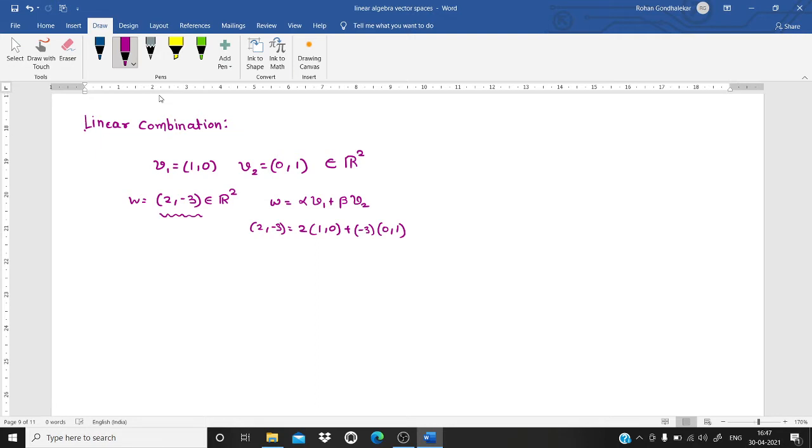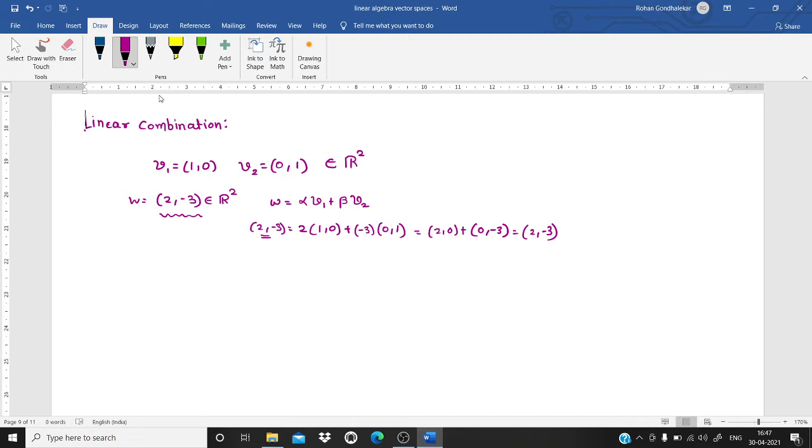If I take the scalar multiplication, I get (2, 0). Here I get (0, -3). And if we add these two, (2, 0) plus (0, -3), the resultant would be (2, -3), which is the same as w.